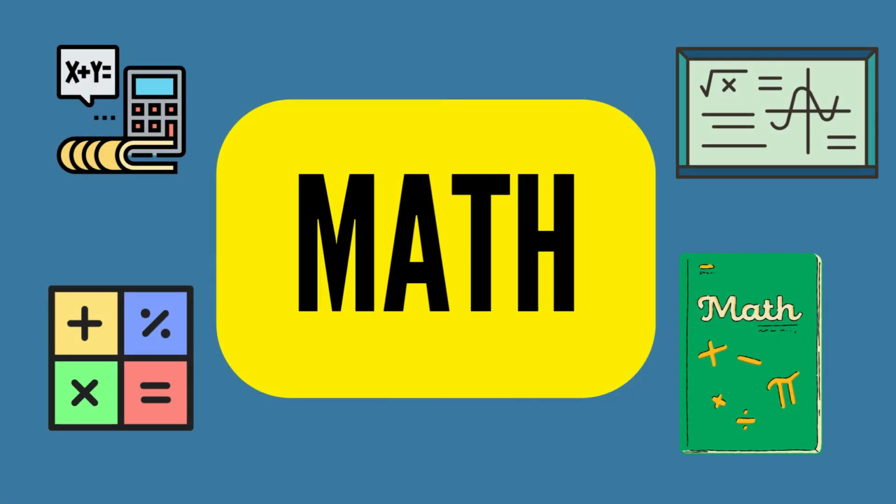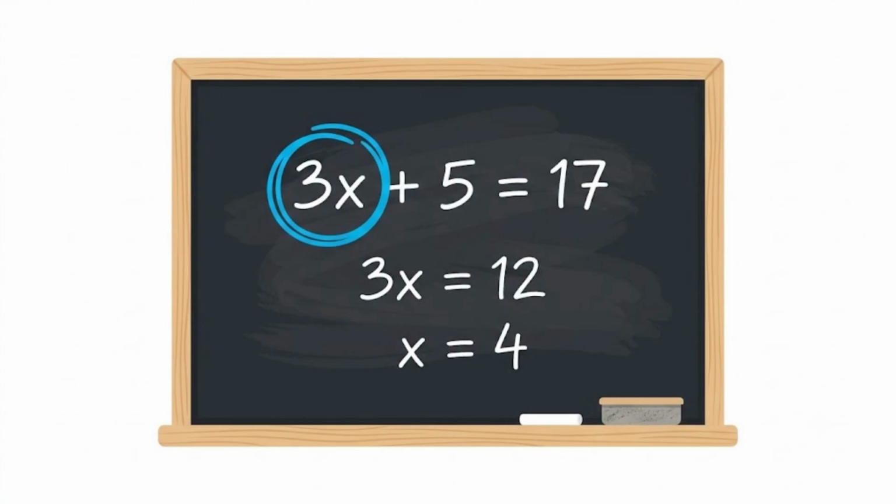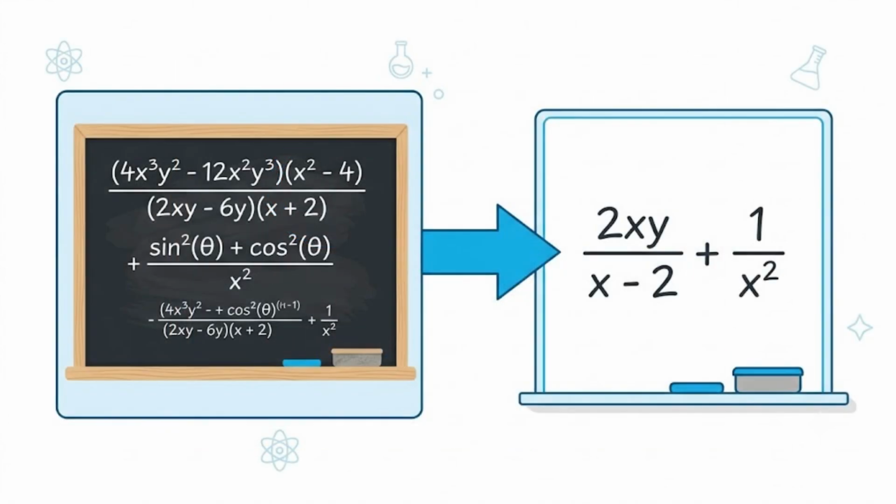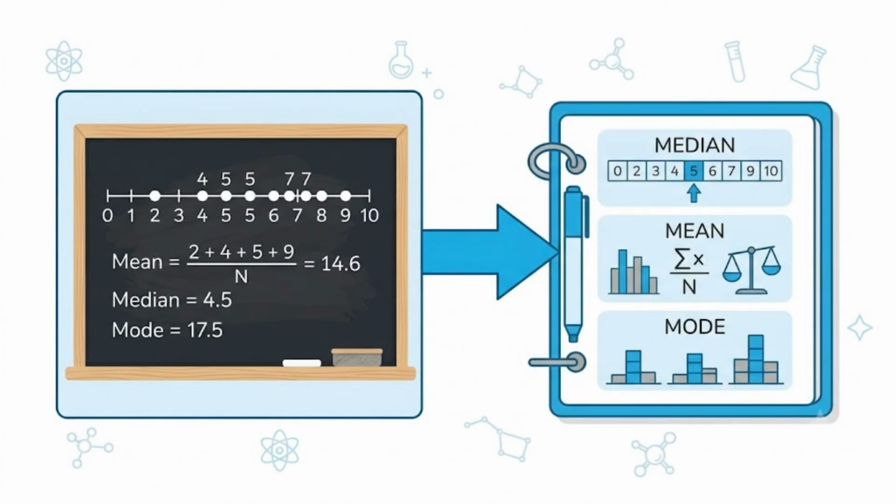In the mathematics section of your TEAS exam, these are the key topics you can expect to be tested on. Numbers and algebra. Solve for x. Simplify an expression. Find the median, mean, and mode.